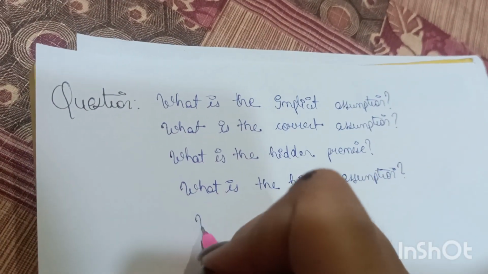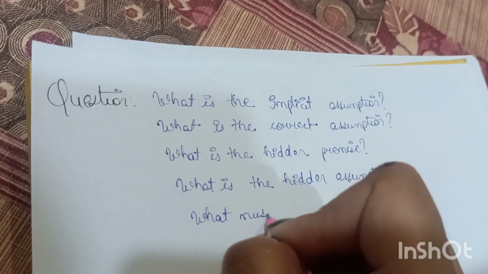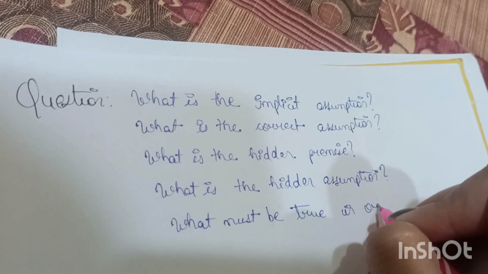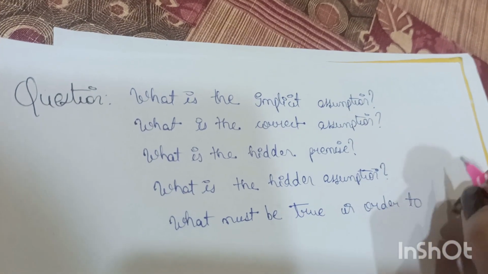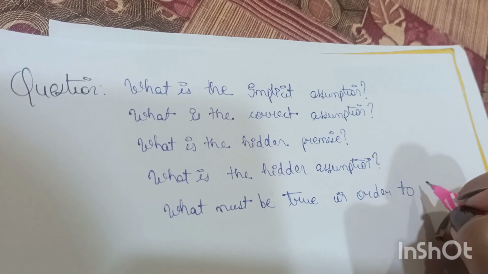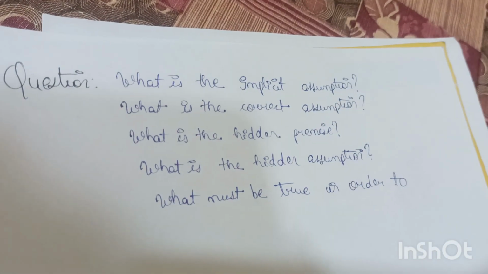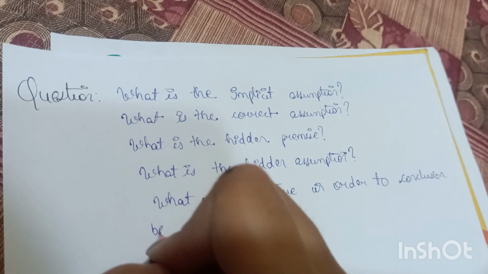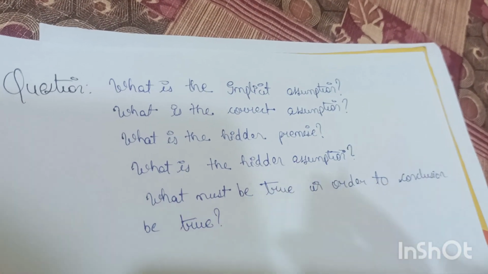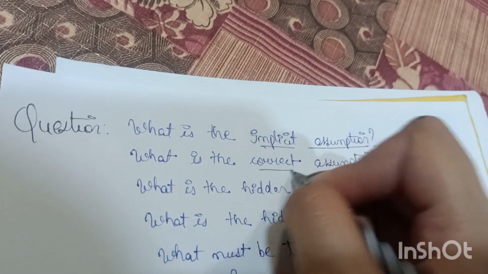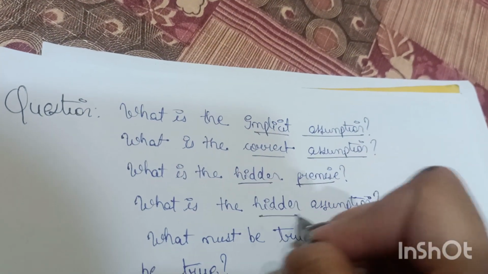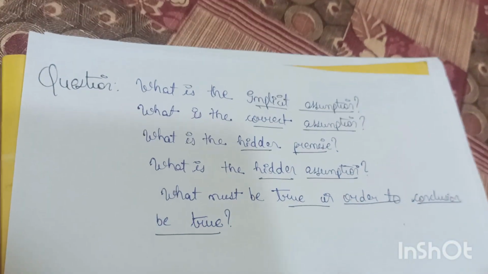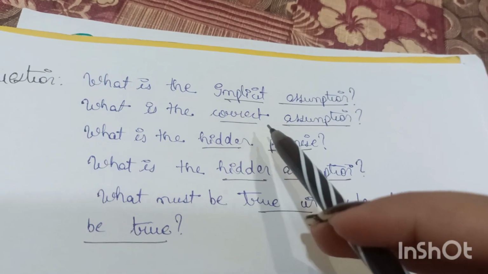Next one is what must be true in order for the conclusion to be true. Implicit assumption, correct assumption, hidden premise, hidden assumption, true in order for the conclusion to be true. If you find any of these words in the question, then you have to find the assumption.